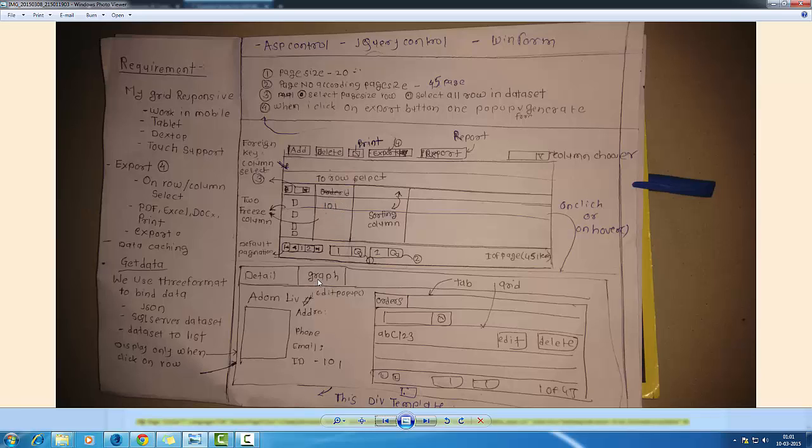So when I click on a row, the graph data should not be loaded. I want it to work like that: when I click on graph, at that time my graph will be loaded.